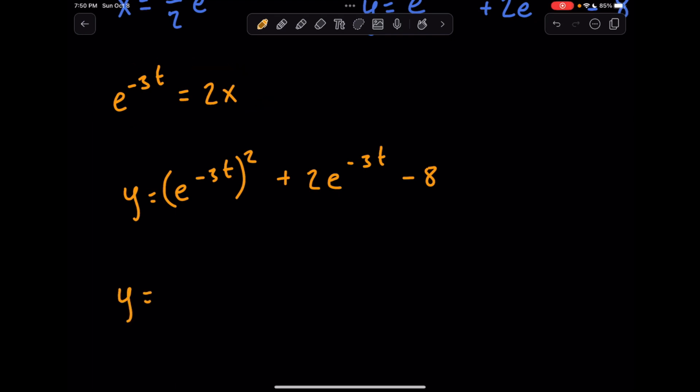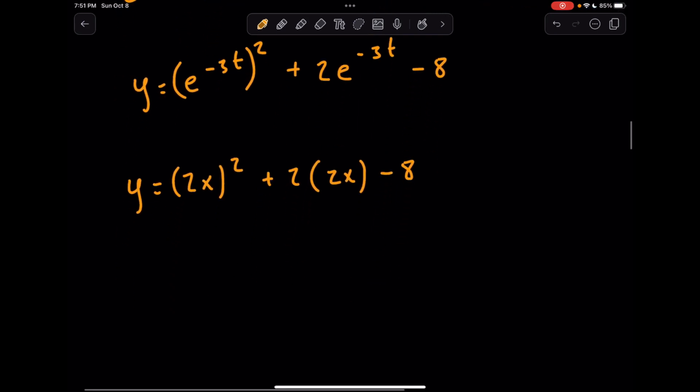So y equals (2x) squared plus 2 times 2x minus 8. And finally, we can rewrite this. y equals 4x squared plus 4x minus 8.